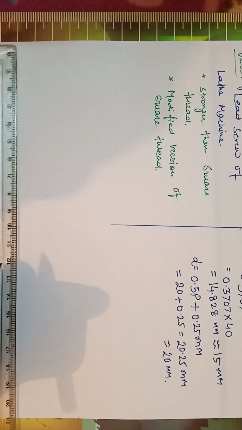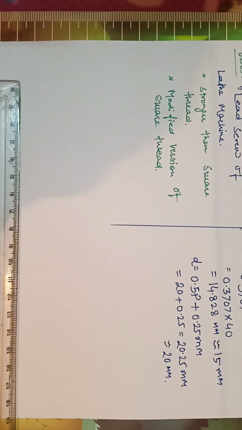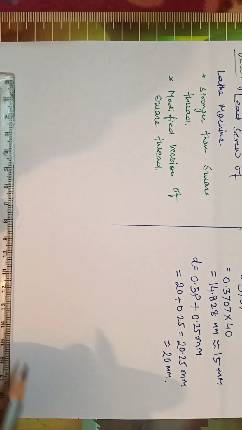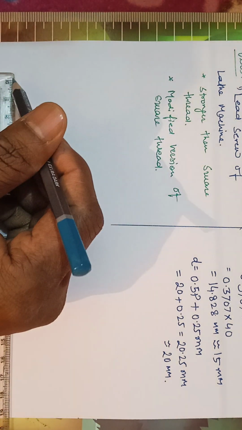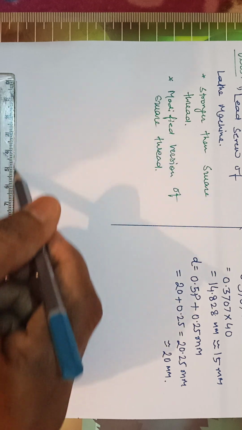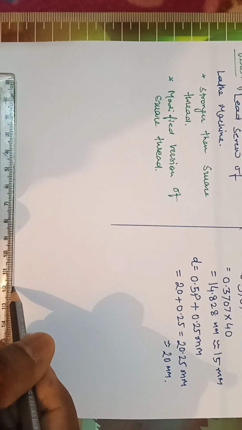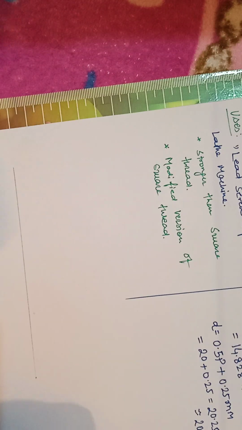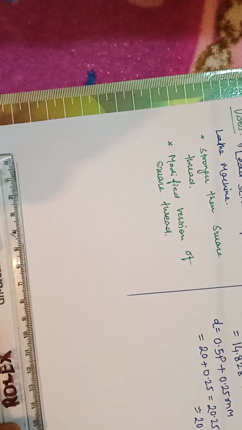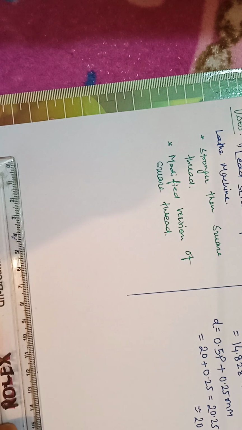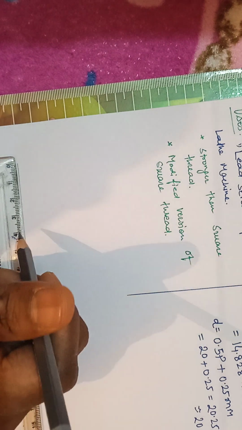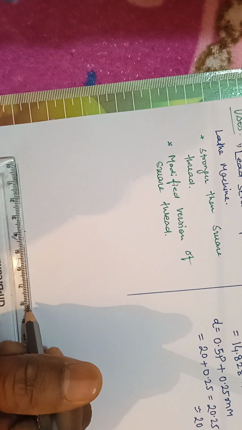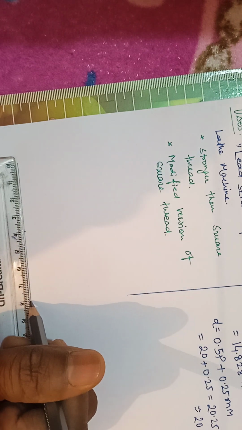Again, we have to draw a line of 12 centimeter, that is 120 mm length. Draw it first as a light line. Now divide this line into a number of equal parts, taking each part as 40 mm, that is the pitch of the Acme thread.